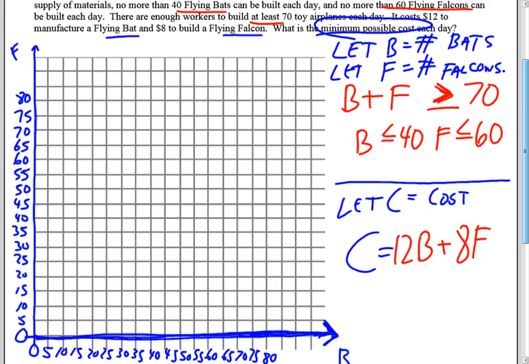How would you graph the other ones? Even a couple zeros. The only difference is you don't have any coefficients, which makes it simpler.